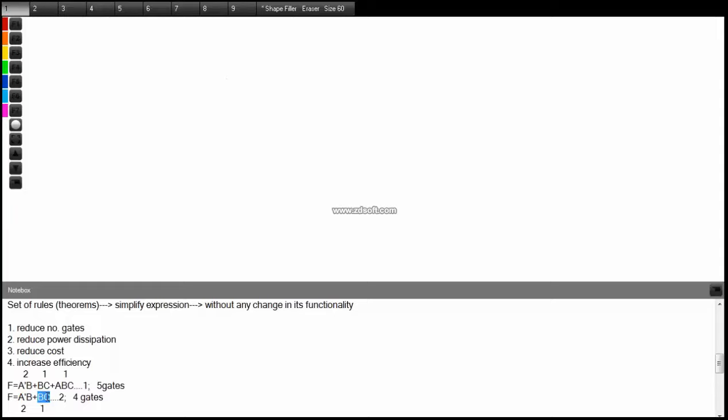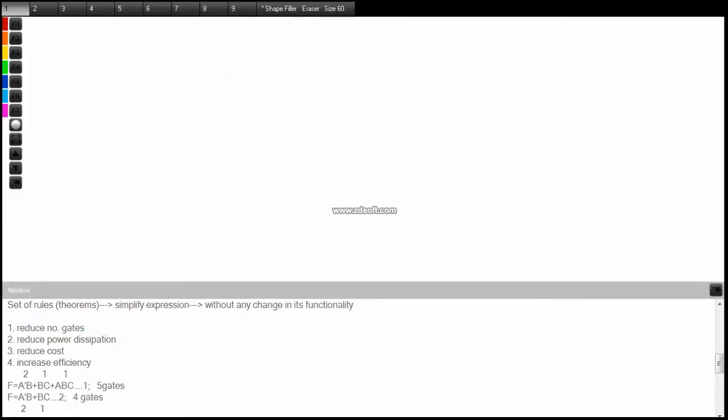And the output of these two are put into an OR gate. So in total we have four gates. So in the process of simplification of equation 1 to equation 2, we have reduced the number of gates from 5 to 4. So our first advantage is verified.